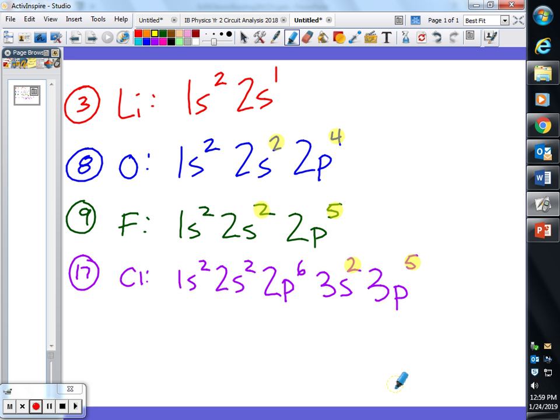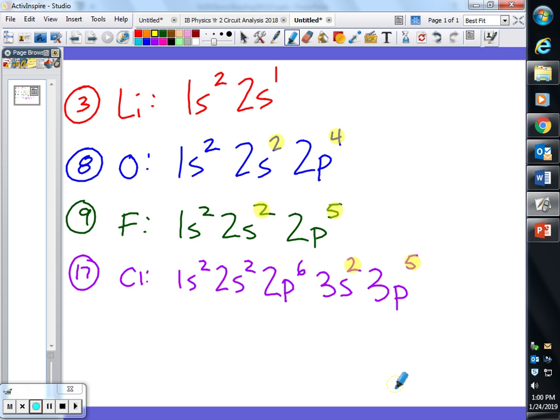Look at fluorine and find chlorine on your periodic table. Where are they? They're in the same family, right? All elements in the same family have the same number of valence electrons. Okay? All right. Is this good? Do we remember this? Okay.